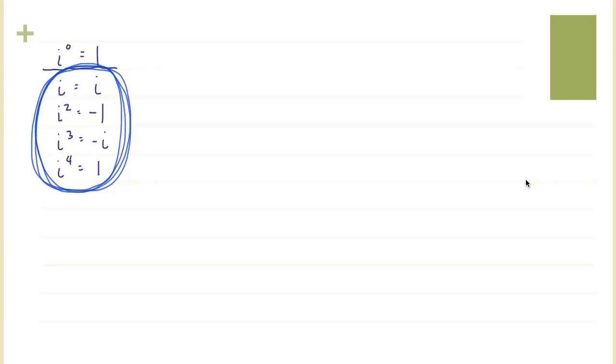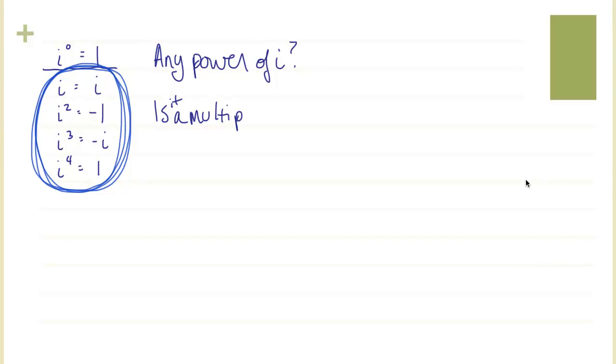You're going to need to be able to answer the value of any power of i. So, how do I know any power of i? Ask yourself, is the number a multiple of 4? If it's a multiple of 4, your answer is 1.